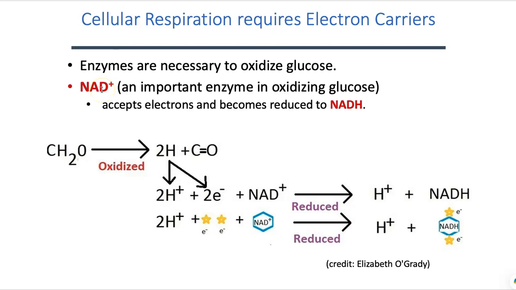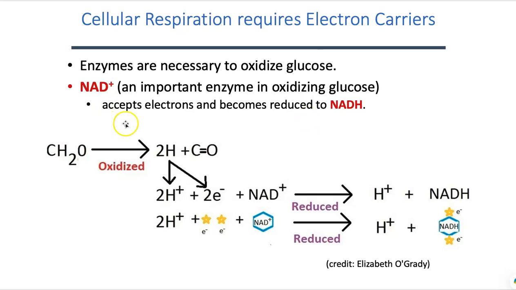NAD+ is basically an electron carrier. It's a molecule that can accept high energy electrons and hydrogen ions. And as NAD+ accepts those electrons along with the hydrogen ions, it's going to be reduced to NADH. And NADH is going to be this cool little transporter that's going to drive those high energy electrons to the inner membrane of the mitochondria, where we're going to make most of our ATP.